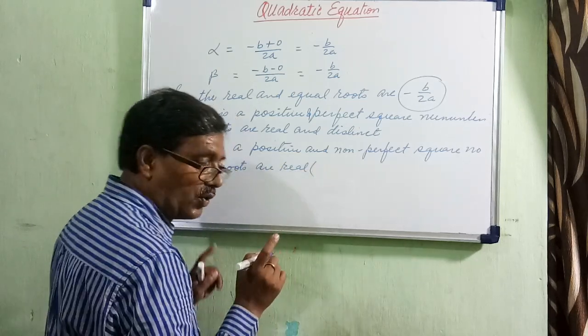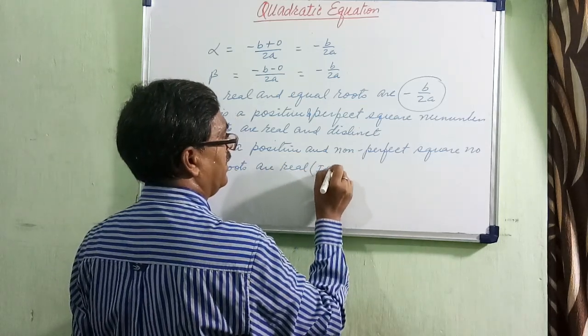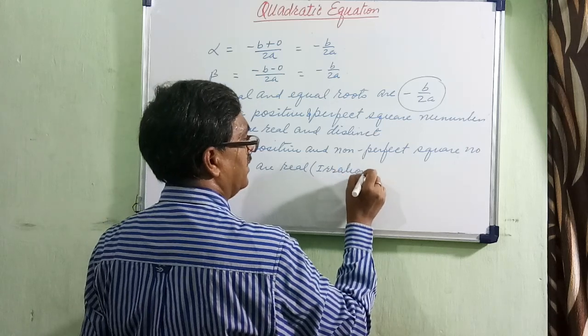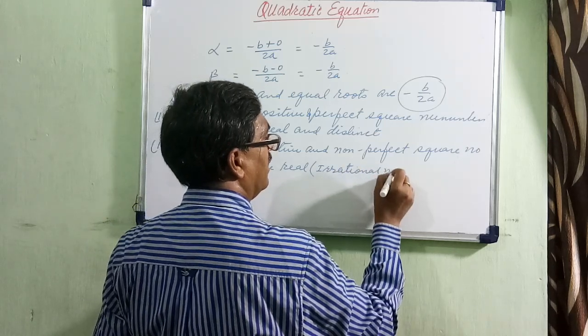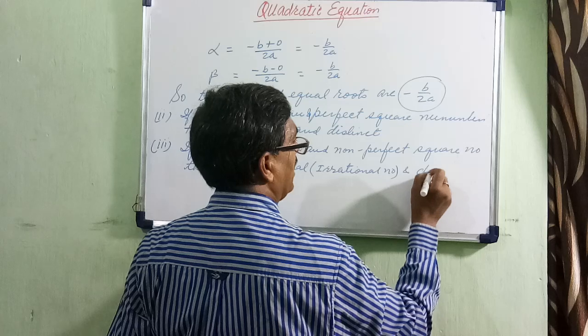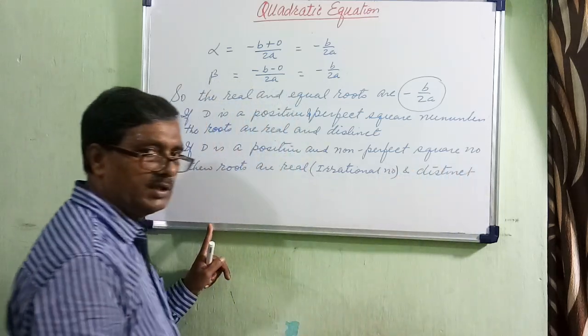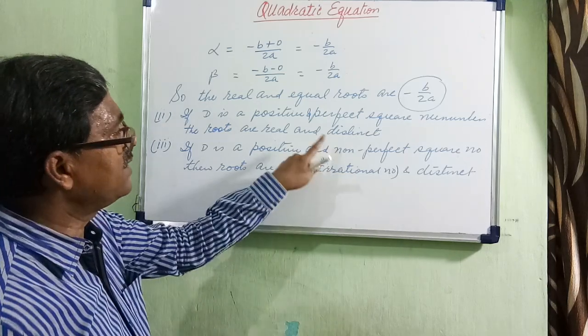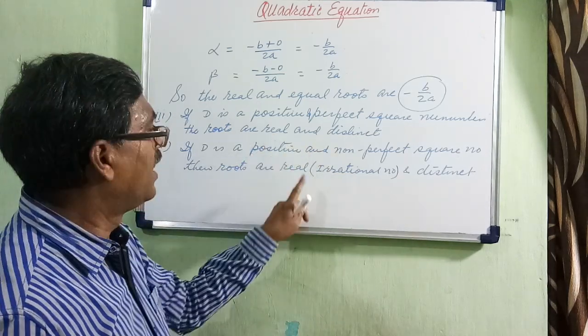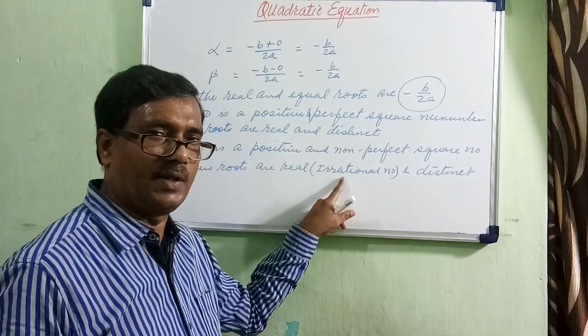Here real stands for irrational numbers, and distinct. Here also the roots are real and distinct, but in the previous case real stands for rational and here real stands for irrational.